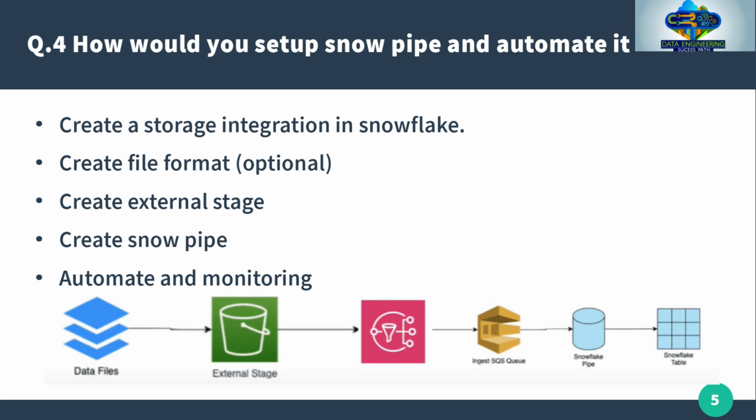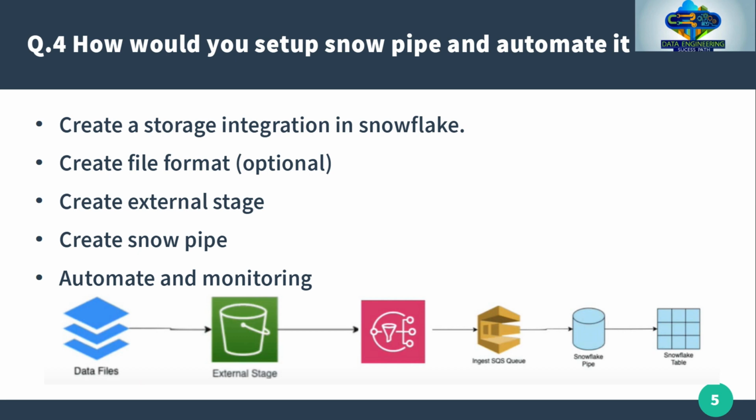Now next is to automate the data loading. Once the Snowpipe is created, with auto ingest set to true, Snowpipe automatically starts loading data when new files are added to the stage S3 bucket. To further automate and orchestrate this process, we can use event notifications.